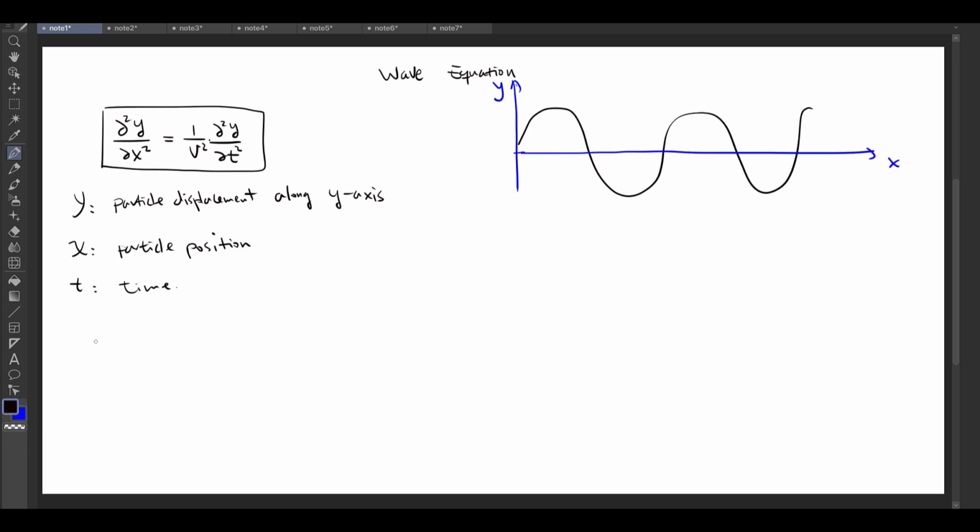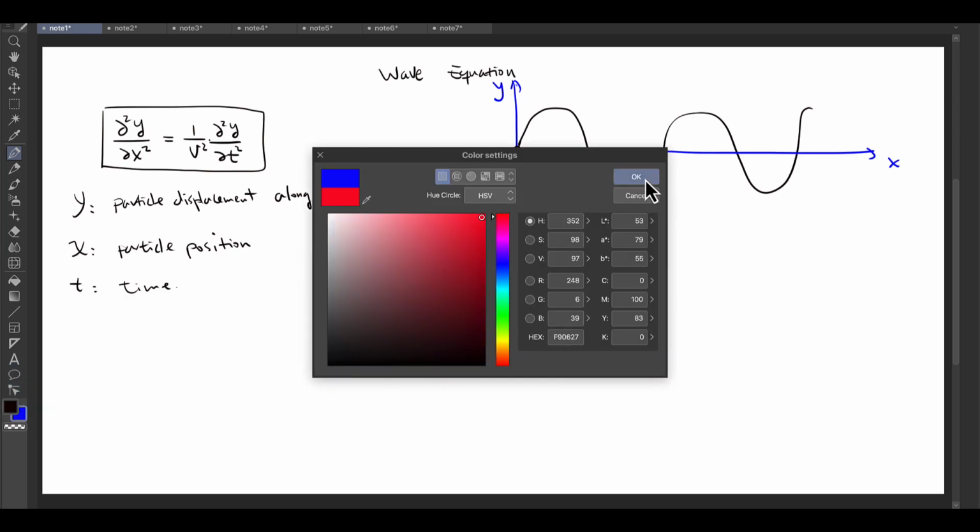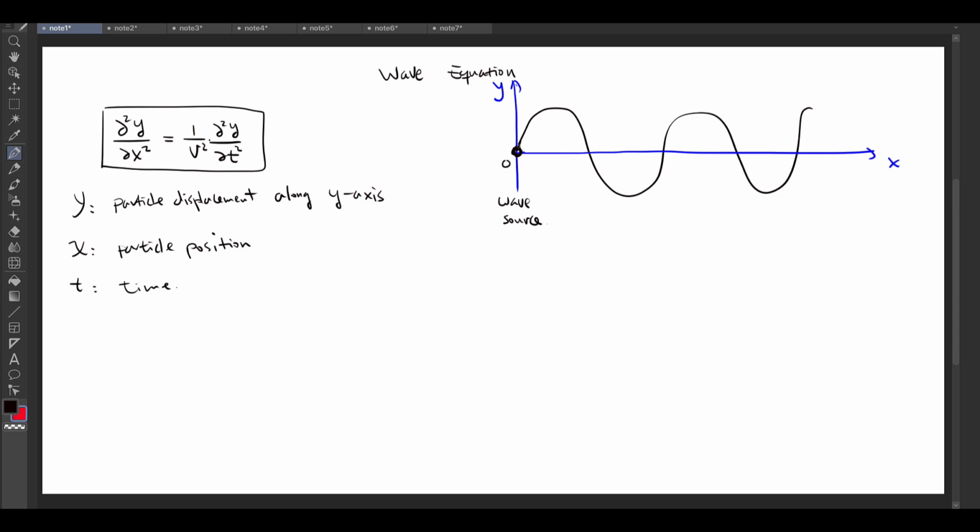Okay, so now we're looking at the wave source at the origin O. The particle at the origin O is going to oscillate in the y direction. At this moment, let's say it's moving downward, so there is a velocity v_y here for point O.